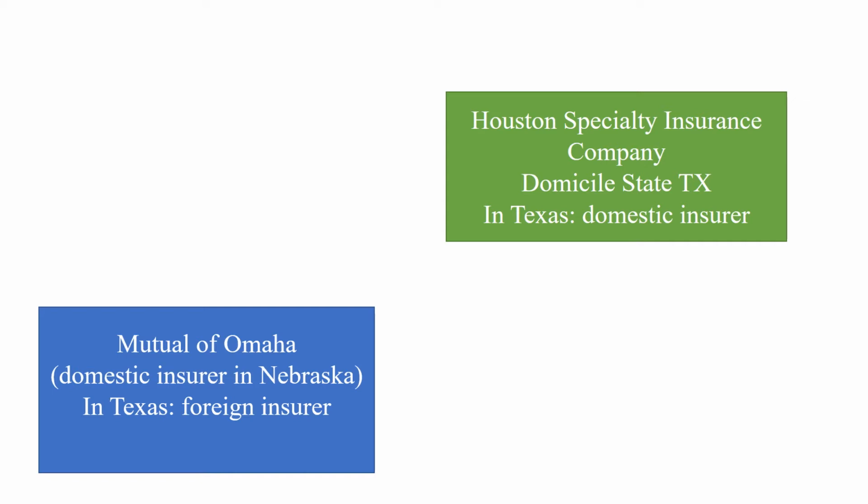So in Nebraska, this insurer is a domestic insurer. Suppose now this insurance company can also do business in Texas. This insurance company is licensed. From the Texas government's point of view, this insurer is a foreign insurer.